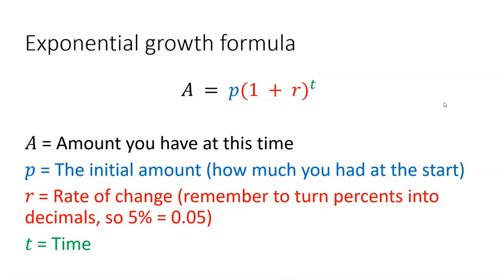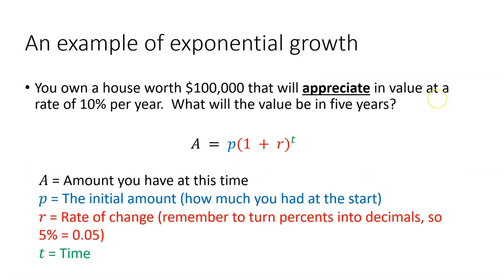Let's apply this to the example we just had. So the house is worth $100,000. It's going to appreciate in value at a rate of 10% per year. What will its value be in 5 years? Well, there's several things we know and one thing we don't. And you can go in any order. I'll start with the time. Time is 5. It says so in the problem right here, so I'll make t 5.